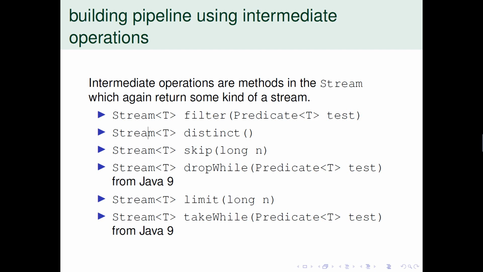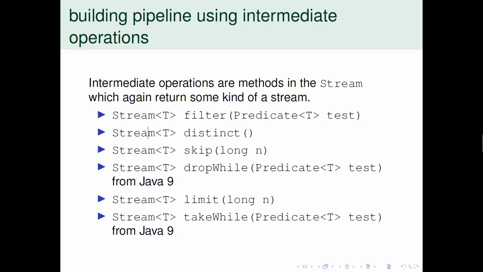In a stream you pick up some source. The source could be a previous stream, if the previous operation was an intermediate operation, or the source could be as decided by the creation of the stream.